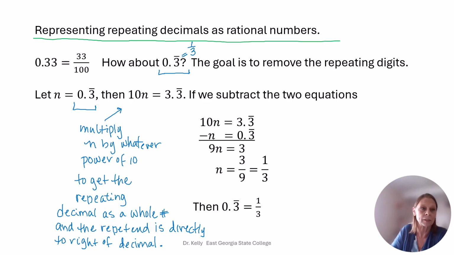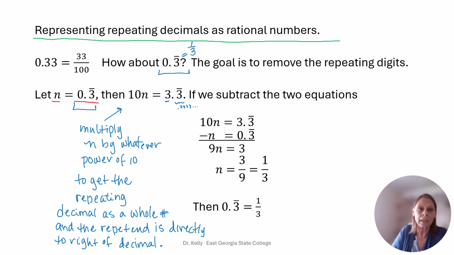So notice here we started out with 0.333333, right? And so when we multiply it by 10, it moved that decimal point over so that we have a whole number and now a whole bunch of 0.33333333 forever, right? Okay, so we're going to just use this algebra trick, and the algebra trick says that you move it so you have a whole number with a repeating decimal after it. That is the same as n.